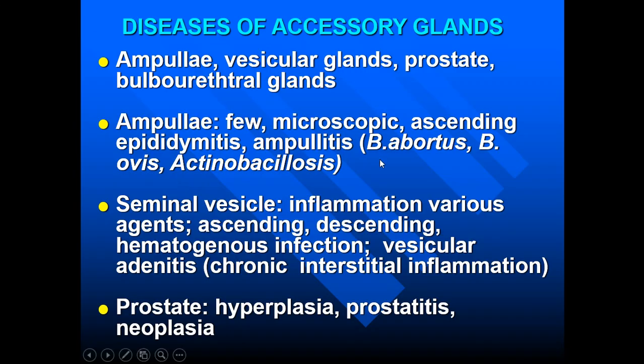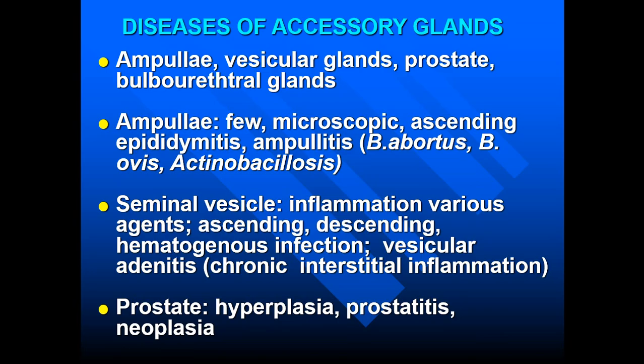Disease in the accessory glands, for example in the ampulla, is related to ascending infection. It means the ampulla inflammation follows inflammation in previous ducts. For example, inflammation in the epididymis will lead to ampullitis.